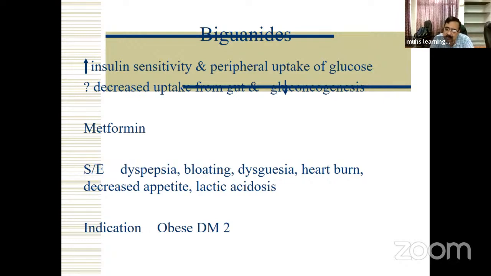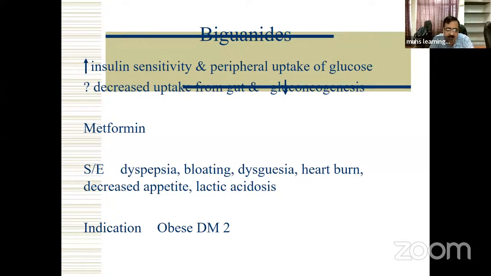Side effects are dyspepsia, bloating, dysgeusia, heartburn, decreased appetite, and lactic acidosis, sometimes fatal and life-threatening, is also known, particularly in patients with diabetic kidney disease or kidney dysfunction. If the eGFR, estimated glomerular filtration rate, is less than 30, you should not use metformin. If it is from 30 to 60, half doses, and above 60, it is reasonably safe, you can use it.